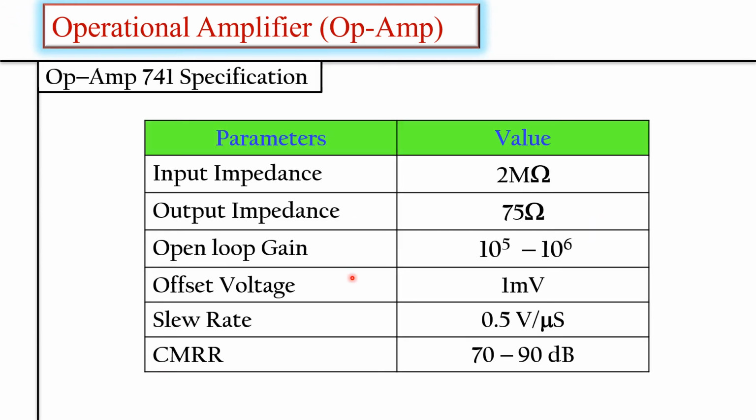Now if you see the different op-amp ICs, they are optimized for different parameters. One op-amp may be optimized for high slew rate, while another is optimized for high open loop gain. And some other IC might be optimized for very low offset voltage.